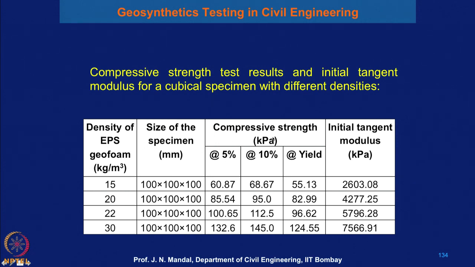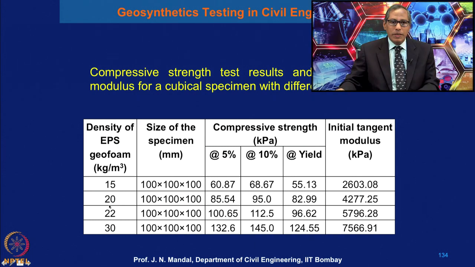So, compressive strength in kilopascal at 5% strain is 60.87 for a density of 15 kg per meter cube, 85.54 for 20 kg per meter cube, 100.65 for 22 kg per meter cube, and 132.6 for 30 kg per meter cube.